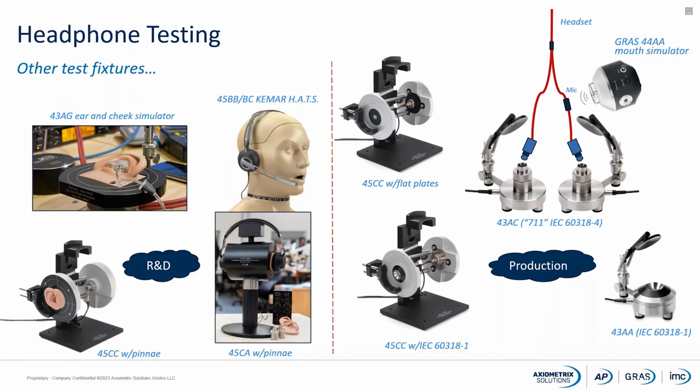In R&D, you can also use the 45CA. The 45CA is a fixture with an extremely high insertion loss. And of course, the 45cc can also be used in R&D for doing validation and final test measurement.